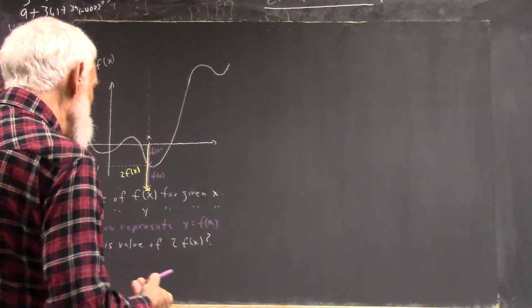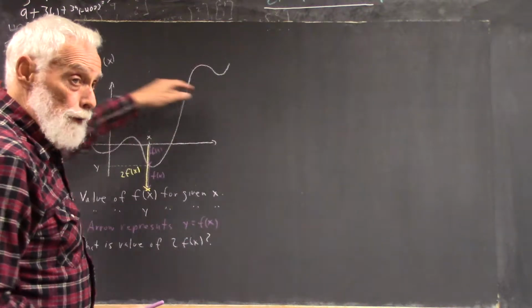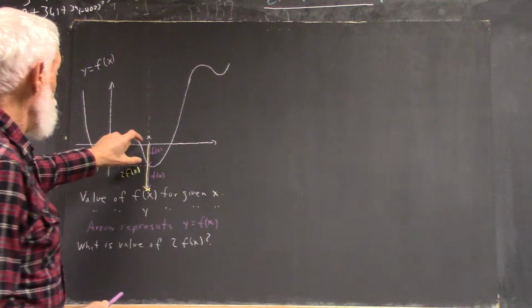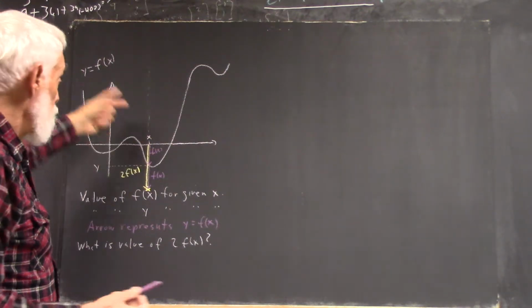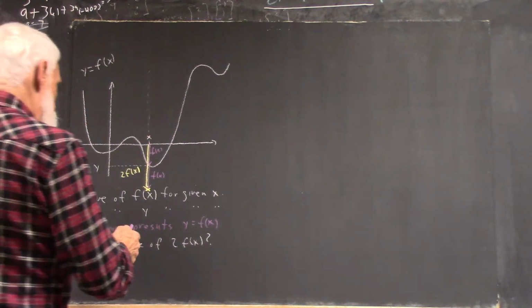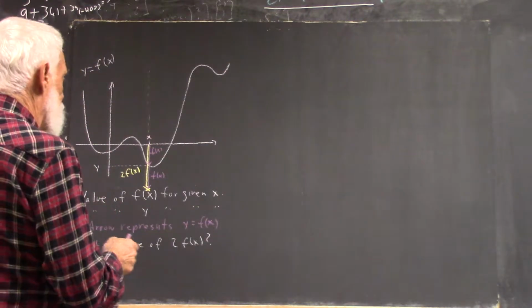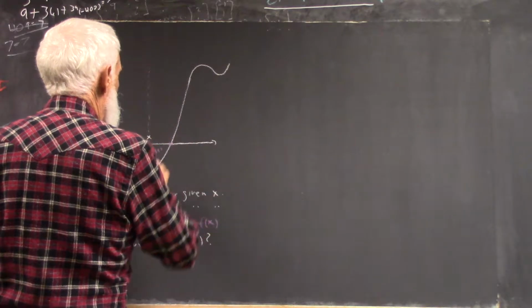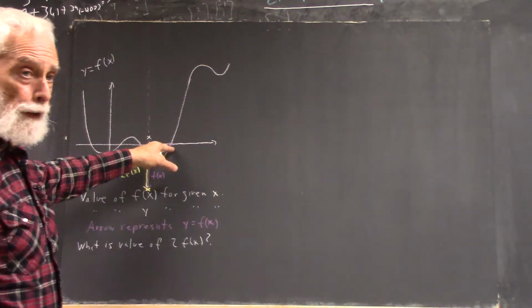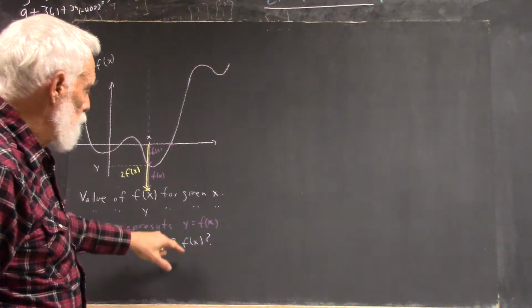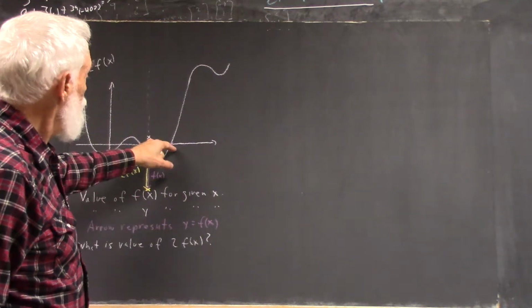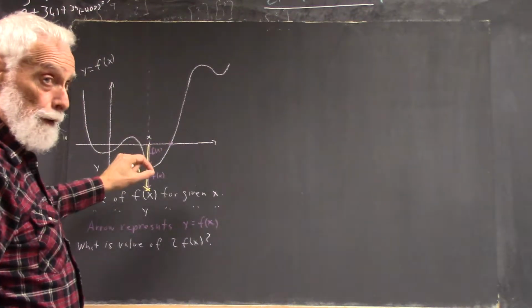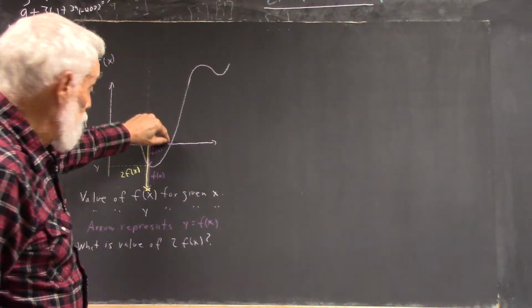Now, if I want to do the total graph of 2f of x, at least for the part that I see here, I'm going to want to do the same thing for a series of points. Okay? Now, of course, if I choose this point, this value of x, f of x is 0, so of course 2f of x would still be 0. We'd have an arrow of length 0, and we'd have 2 arrows of length 0, head to tail, and we'd still get 0.